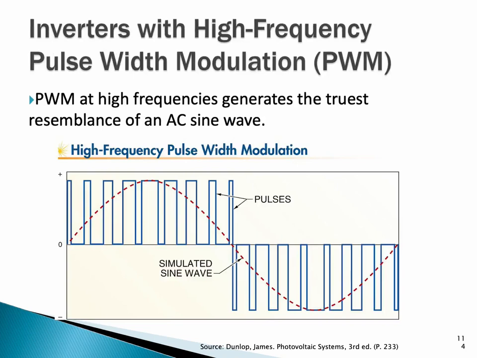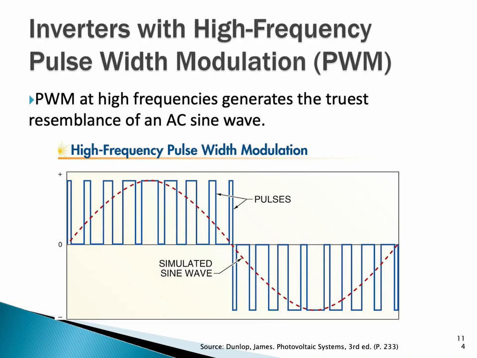So in order to change this DC signal into an AC signal, the inverter is going to use high-speed switching to turn on voltage and current and turn it off, turn it on, turn it off.